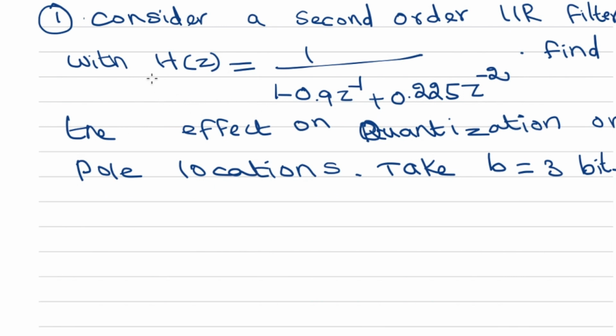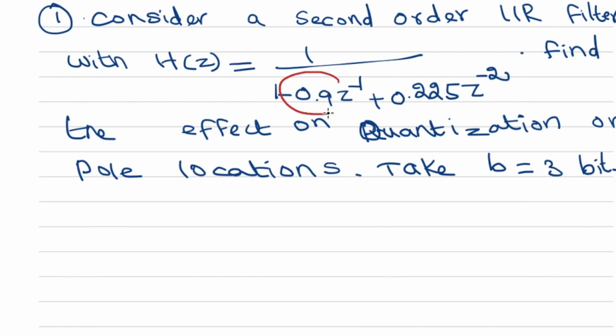This is the problem given. Consider a second order IIR filter with H of z equal to 1 divided by 1 minus 0.9 z inverse plus 0.225 z power minus 2. Find the effect of quantization on pole locations. Take b equal to 3 bits. So given this IIR system function, what are the coefficients?